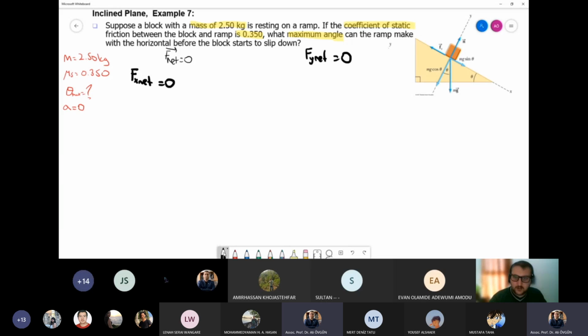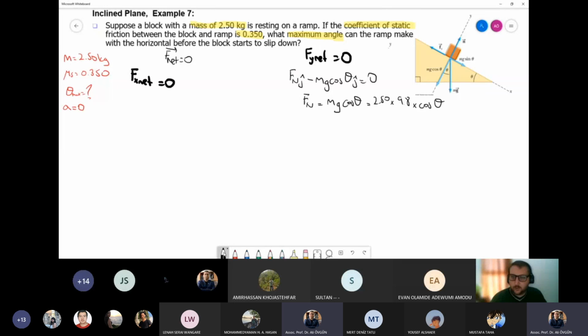Okay, so let's use this one. What are the forces in the y direction? F normal j hat minus mg cosine theta j hat equals 0. So F normal will be equal to mg cosine theta, which is m, 2.50, times 9.8 times cosine theta.